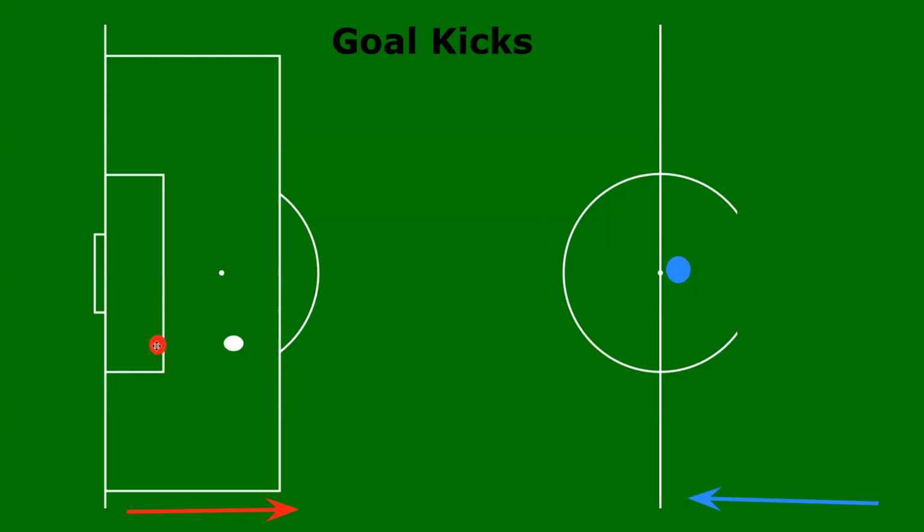Now, the blue team can attack the ball as soon as the person kicks it. As the referee is backing them up, red can kick the ball anytime they want. However, if the goalie kicks the ball and the blue team is only backed up this far, as soon as he kicks the ball, the blue team can attack the ball, even though they haven't backed up past midfield.